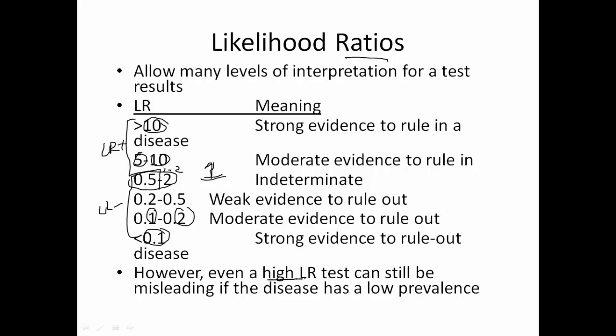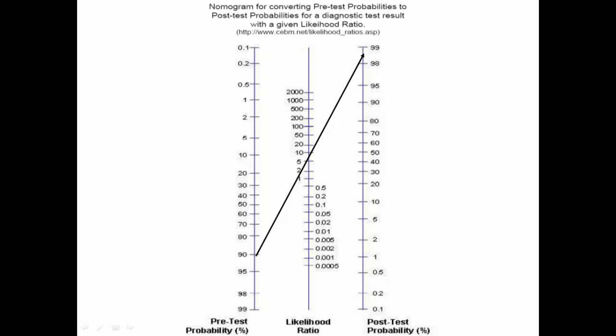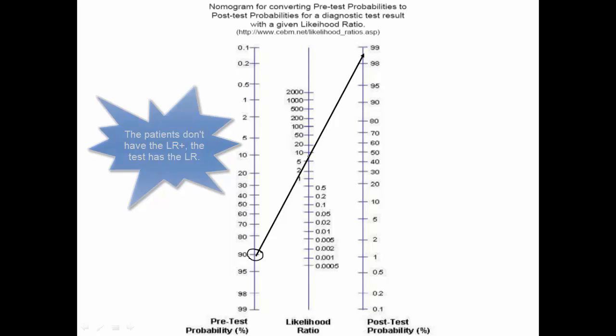I caution you, there is still an influence of low prevalence. If there's extremely low or extremely high prevalence, even a high likelihood ratio test, either a really good negative likelihood ratio or a very high positive likelihood ratio, can still be kind of misleading. So for example, say somebody's at real high risk of a disease and they have a pretty decent likelihood ratio, 7.5, something like that.